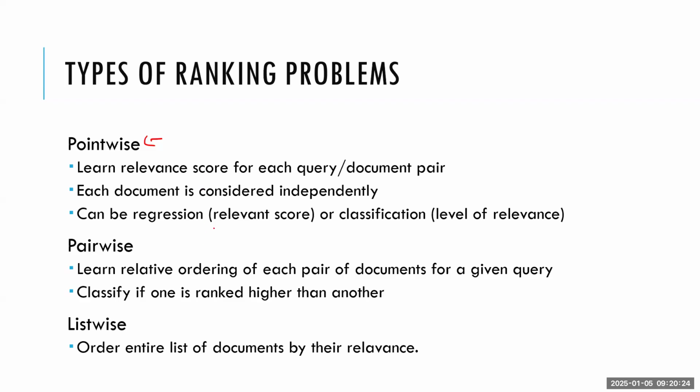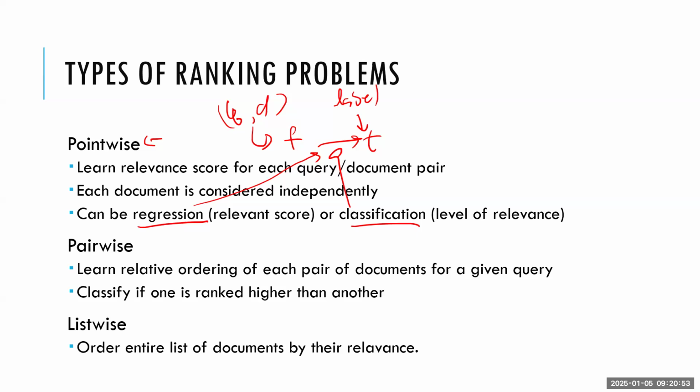You can learn this using regression or classification. Basically, you have a query-document pair, and then you convert it to a feature vector, and your label is going to be the target. Then you want to learn this function using regression. So if the relevance score is a real value, then you use regression.